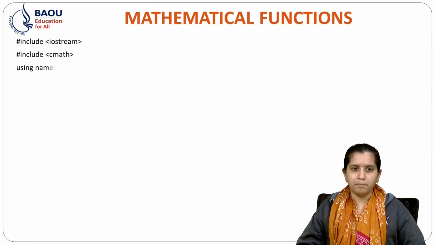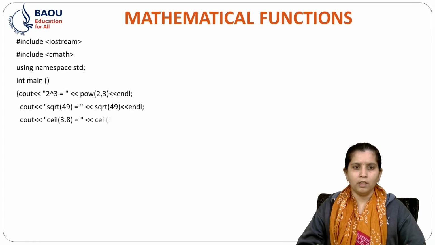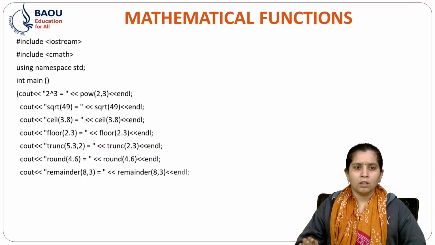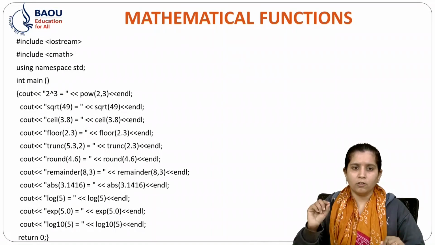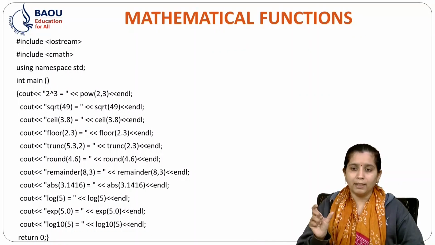Let's see the example of a mathematical function. I have used the power function, the square root function, and the ceil function. First of all, I have included iostream. After that I have included the cmath library. The cmath library is important. Why?